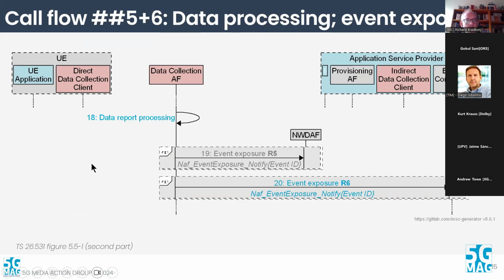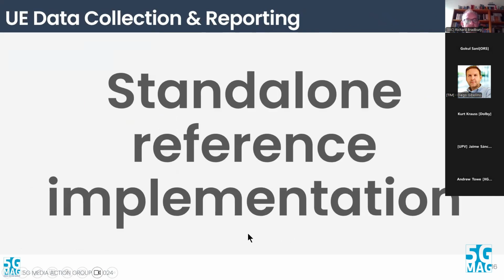And then once it's been collected by the data collection AF, it processes the report, and then it exposes events to the subscribed consumers, in this case, the NWDAF and the event consumer in the application service provider. So that's this final step here. So that's kind of how it all hangs together.